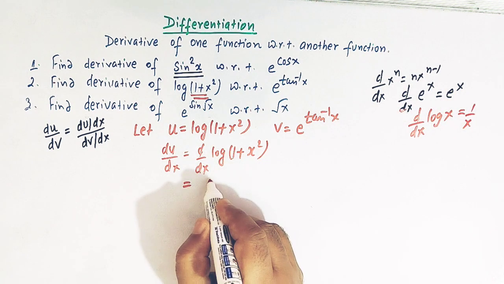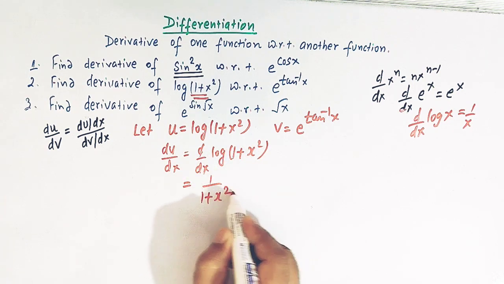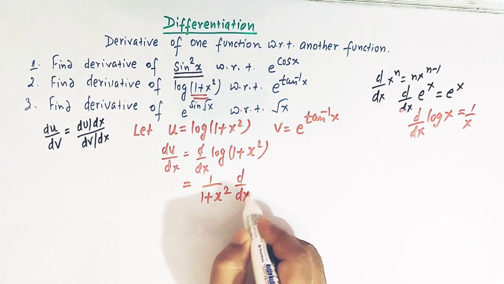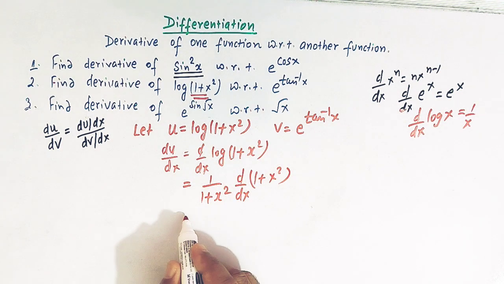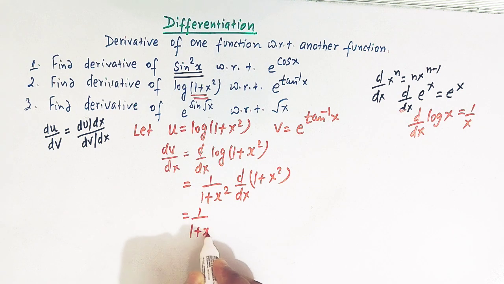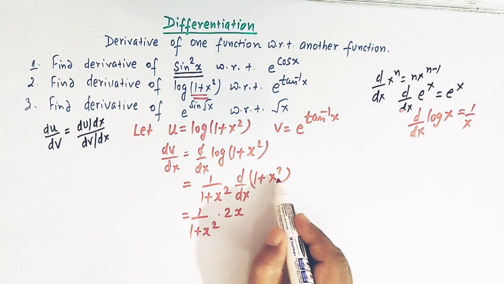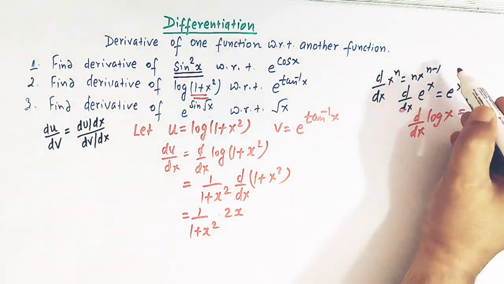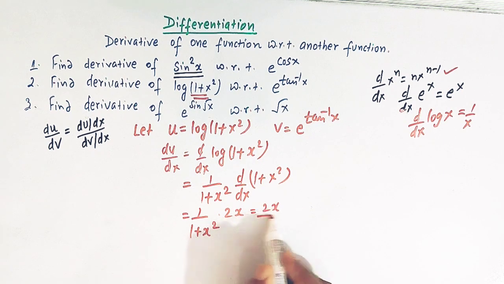So here the derivative of log(1 + x²) is 1 over 1 + x², and then by chain rule we have to find the derivative of 1 + x². The derivative of 1 is 0, and the derivative of x² is 2x. So we have 2x over 1 + x².